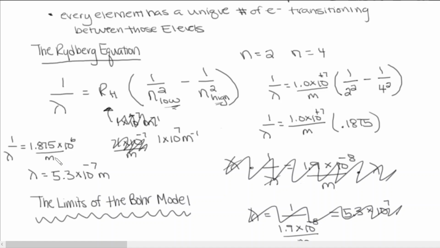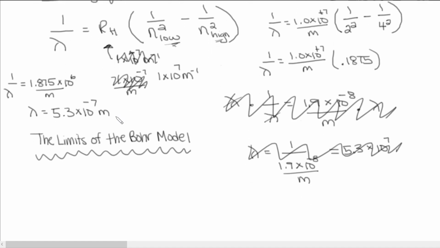Because if we're dividing by meters to the negative 1, that's going to give me meters. All right, hopefully you guys aren't too confused. Convert this to nanometers. 1 meter, 1 times 10 to the 9th nanometers gives me 530 nanometers, which makes sense.